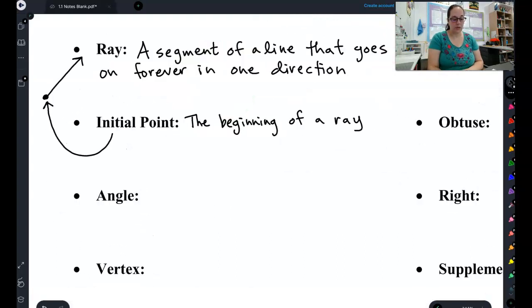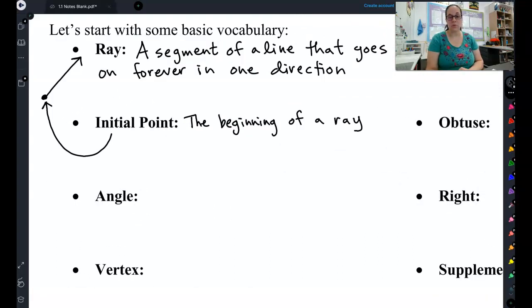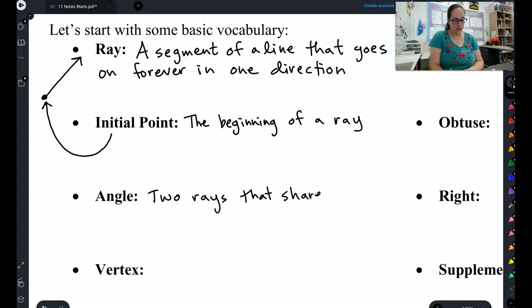Now, that brings us to the first really important vocab word, which is an angle. An angle is two rays that share a common initial point. So I put two rays together. They come together at a single point. Those rays can go off in any direction I please.